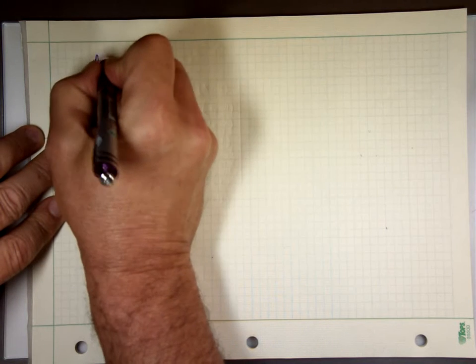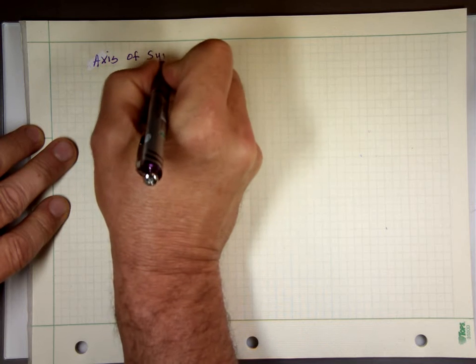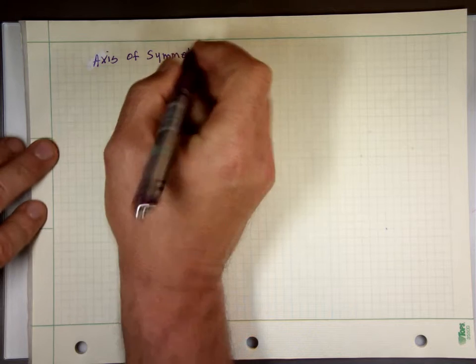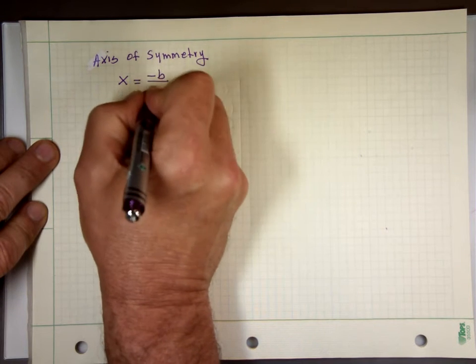The axis of symmetry is always going to be located at x equals negative b over 2a, always.